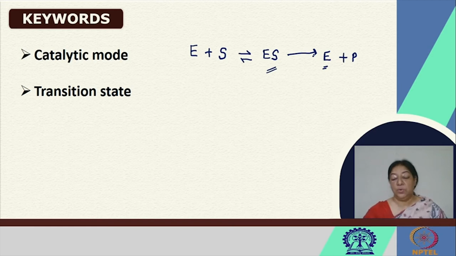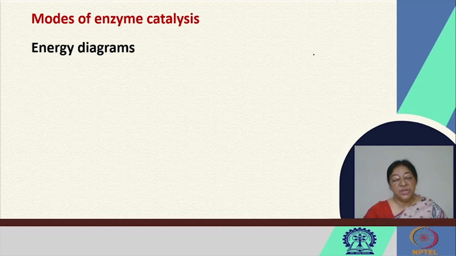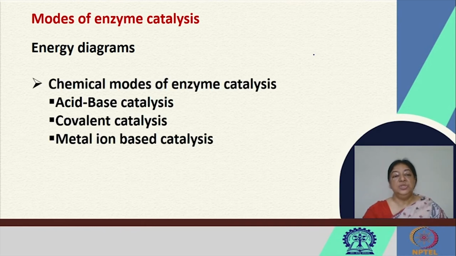The different modes of enzyme catalysis involve the energy diagrams that we need to understand, the specific types of amino acid residues that are involved in the active sites to bring about this crucial recognition of the substrate that is required for the reaction to proceed. So we will be looking at the chemical modes of enzyme catalysis.